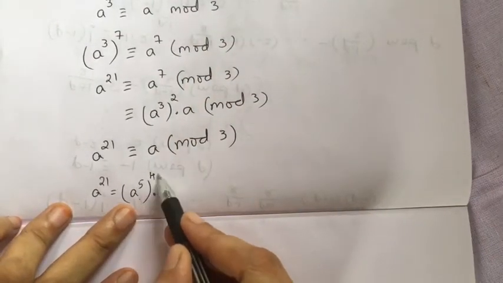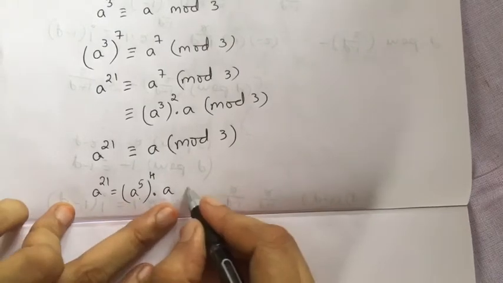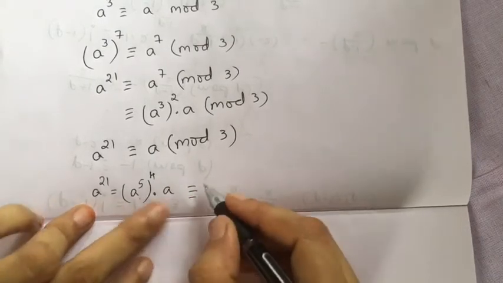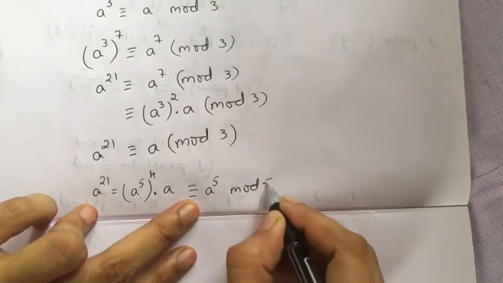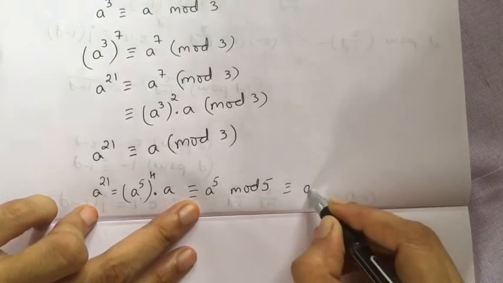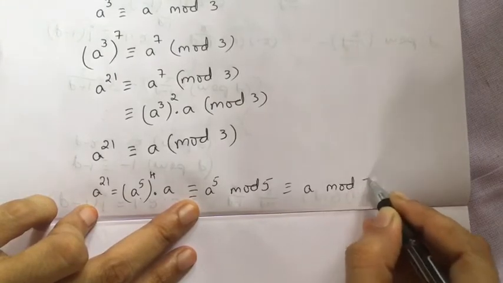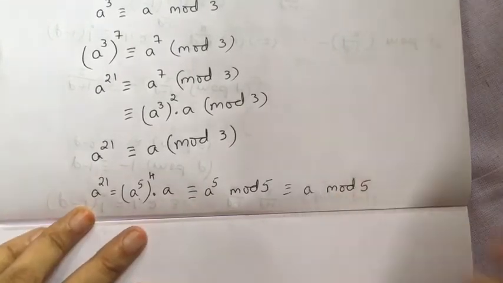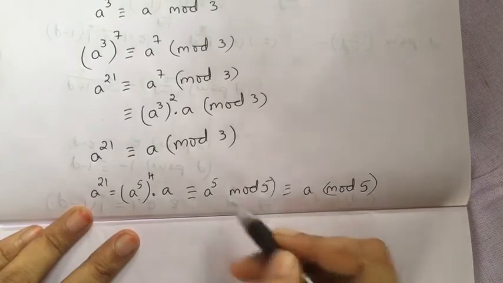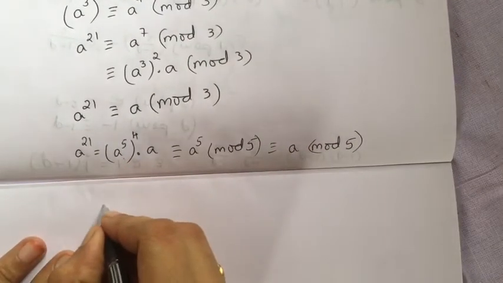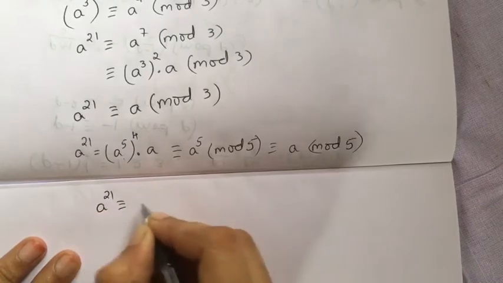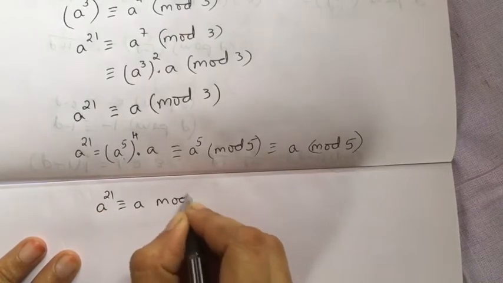Then it is again a power 4 into a. So in total they are congruent to a power 5 mod 5, which is nothing but a mod 5. Hope you got it. Okay. So I can write a power 21 is congruent to a mod 5.